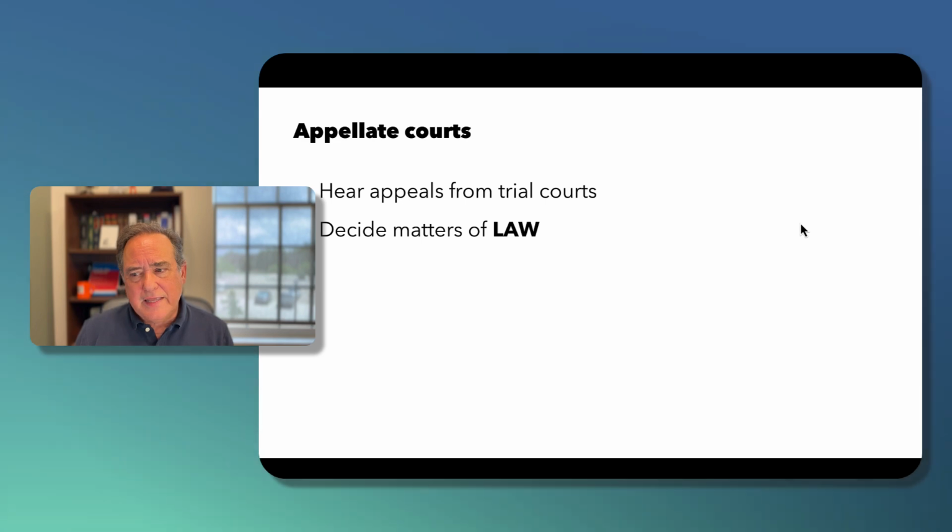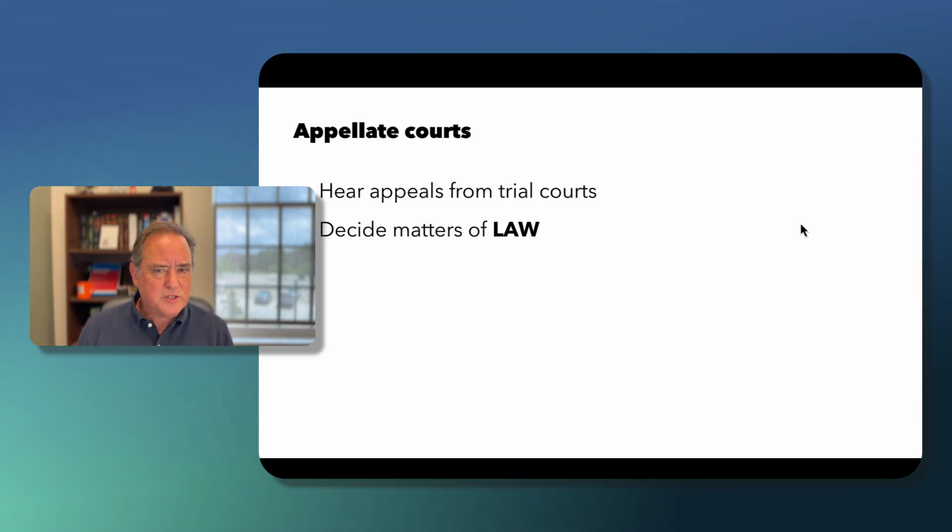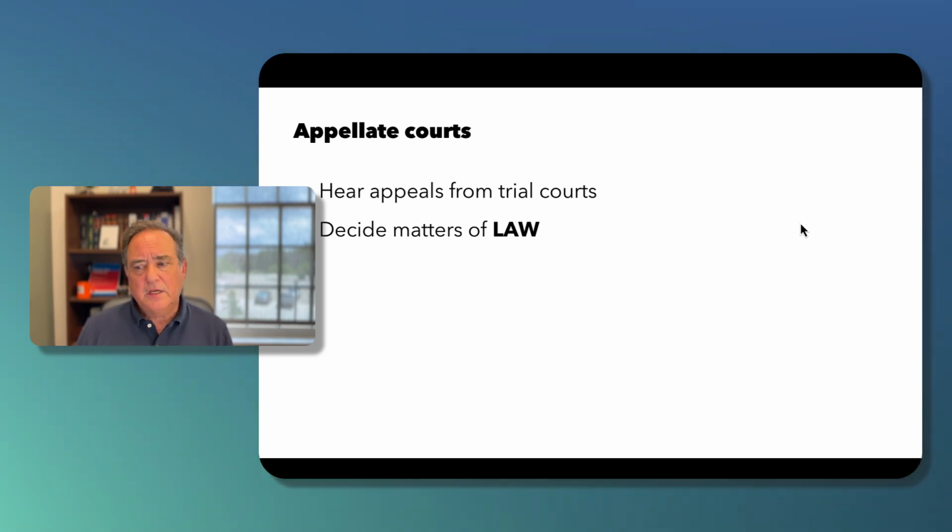Those are all legal matters, and an appellate court has authority over all of those. Now, appellate courts generally hear cases in groups of 3. So there will be 3 appellate court judges that hear the case.